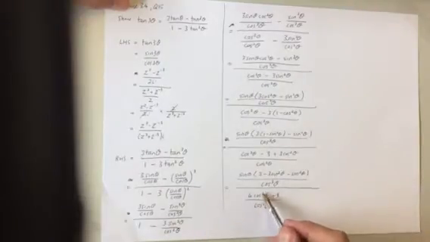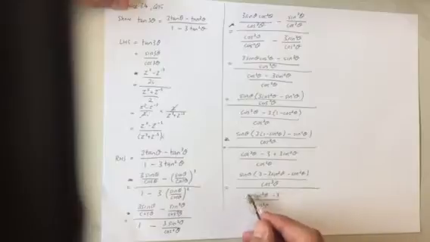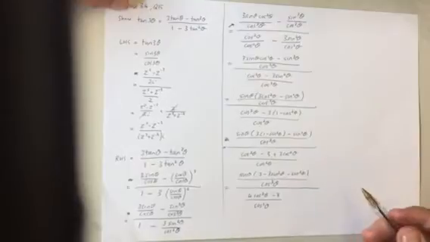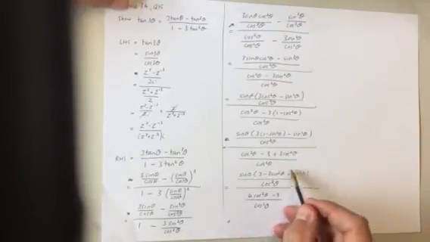Okay, do not think about cancelling those. You can only cancel common factors. This is not a factor of the numerator. It's a factor of this term, but it's not a factor of the expression in the numerator. So do not cancel those out. All right, so let's just finish simplifying this numerator here.